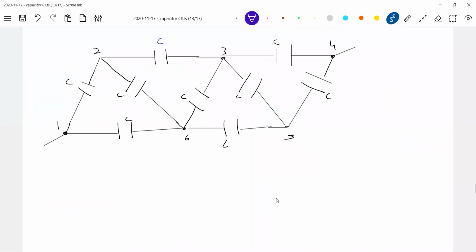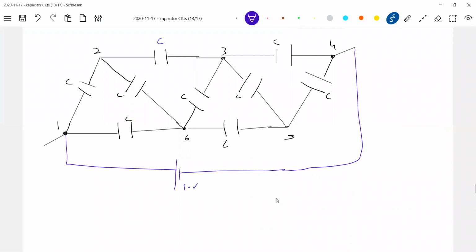So again, I'm going to connect a source; you can write 10 volt or only V. Let me choose 10 volt. So I'm going to divide the charge. Let this be Q1.